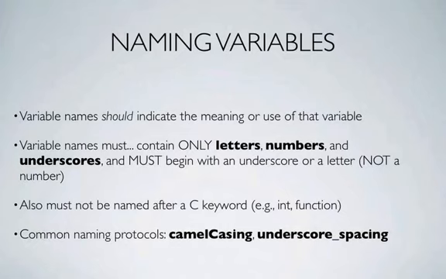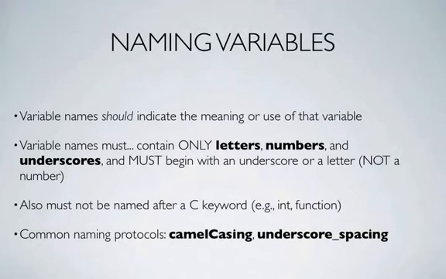Some common naming protocols, ways that programmers commonly name their variables, are camel casing and underscore spacing. Camel casing is a technique in which the first word in the variable name is lowercase, and then any word after that begins with a capital. So camelCasing, with a capital C in the word Casing.